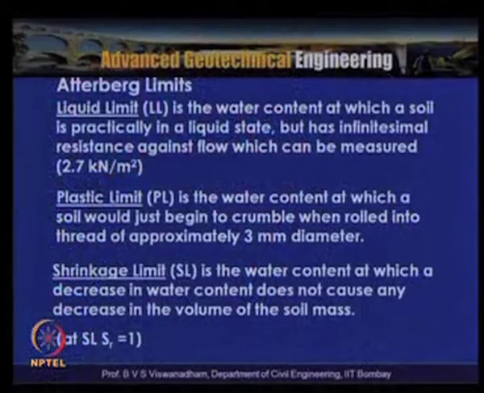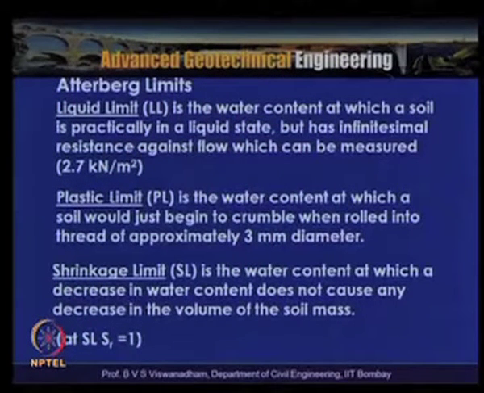So, if you define these Atterberg limits, the first limit, which is called liquid limit, is the water content at which a soil is practically in a liquid state but has infinitesimal resistance against flow, and which actually possesses a strength; it is said that soils possess a strength of about 1.7 to 2.7 kilonewton per meter square, or kilopascals.